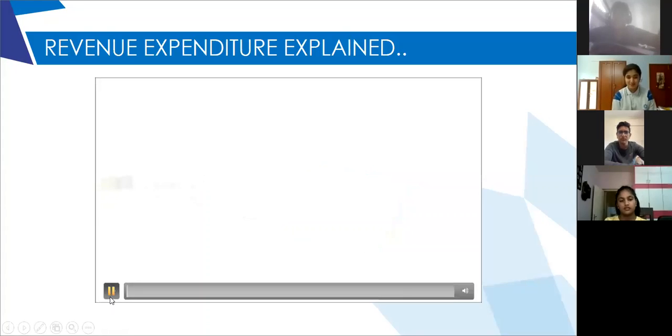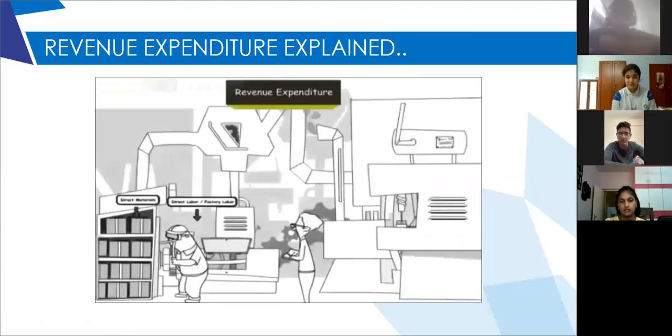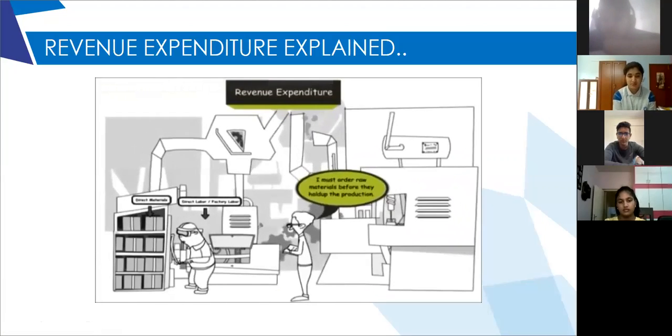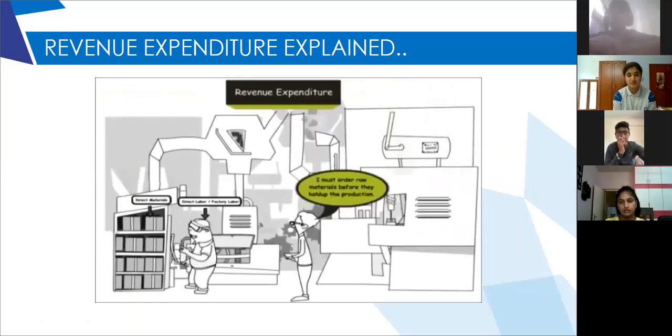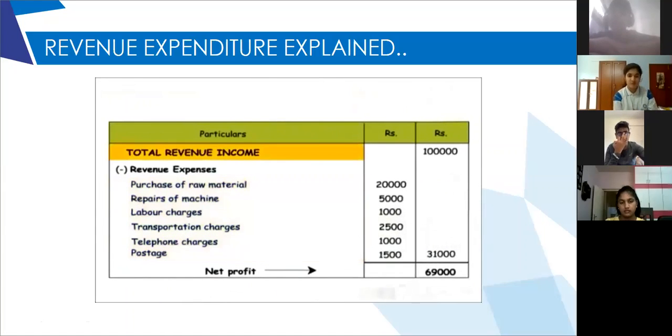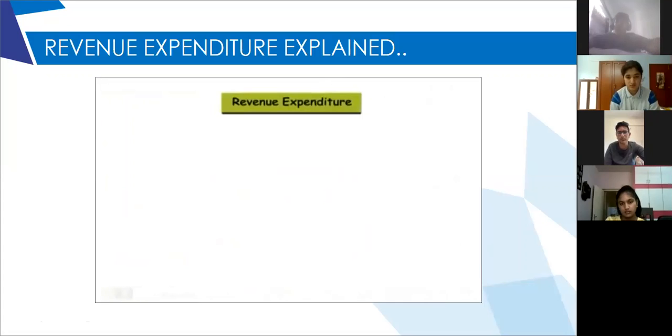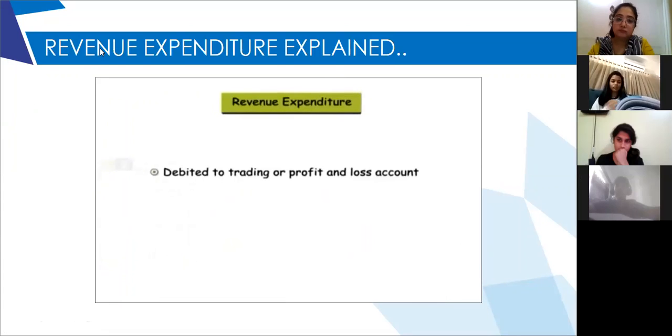Expenditure, which is incurred in the course of the business as a part of its operations or as part of its day-to-day activity, is revenue expenditure. It is deducted from revenue or income to arrive at net income or net profit. Revenue expenditure is debited to the trading or profit and loss account.